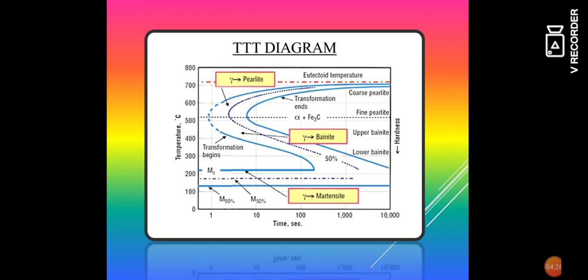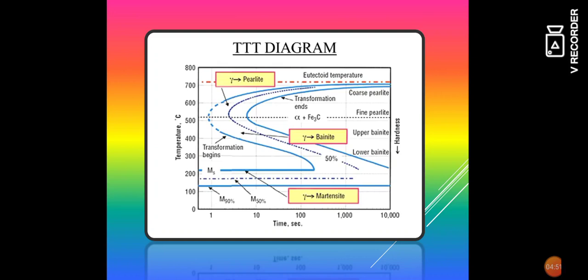Here we see at about 750 degrees centigrade, the material is in the austenite phase. When the temperature is decreased from this 750 degrees centigrade to about 500 degrees centigrade, the austenite is slowly transformed into pearlite.